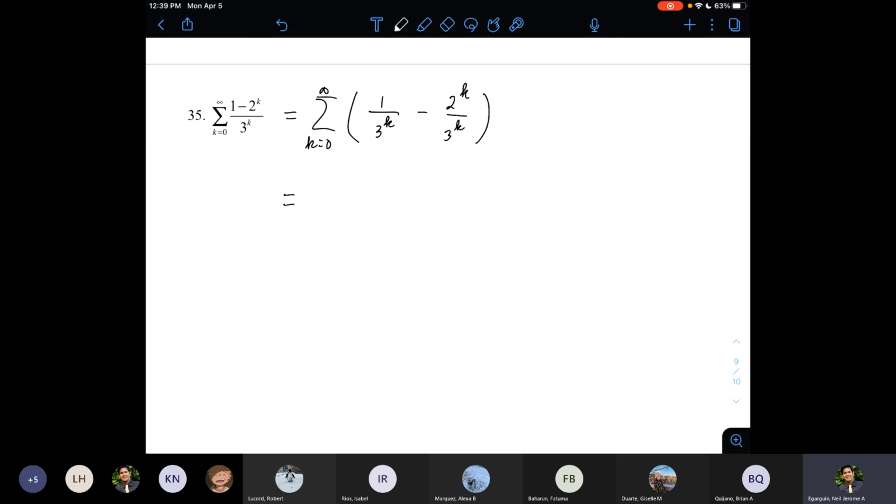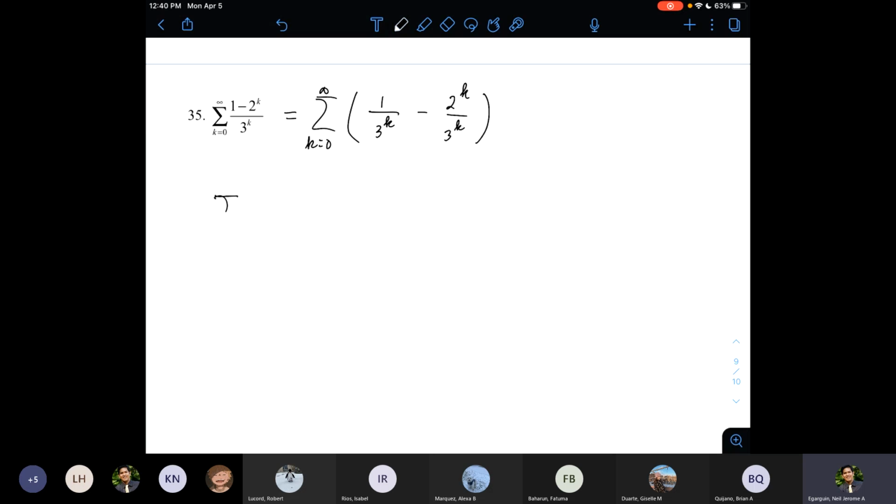And then I can use the properties of summation that allow me to distribute the summation inside of the terms. Let's analyze them separately and see what will happen.